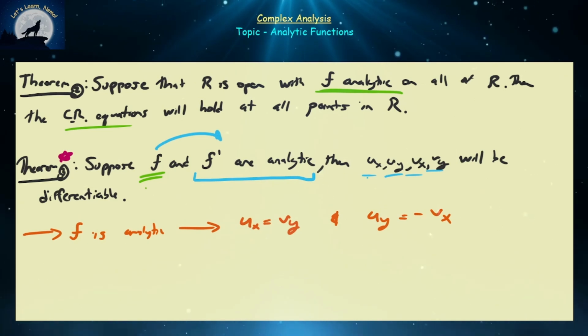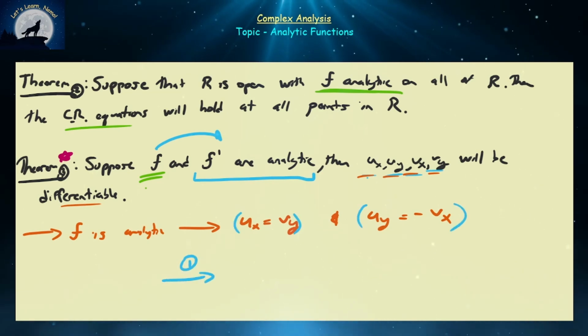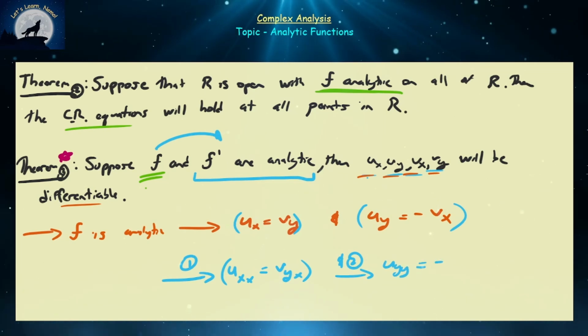Right? Now, if u_x, u_y, v_x, and v_y are differentiable functions, I should be able to differentiate these two expressions with respect to any variables that I want. For example, I should be able to differentiate with respect to x, giving u_xx equal to v_yx, and I should be able to differentiate the second expression with respect to y if I want to, and call it u_yy equal to minus v_xy.